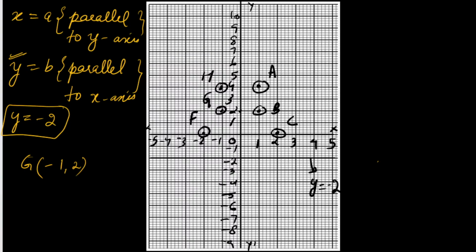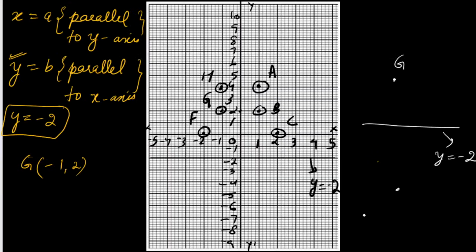Its reflection, if we are doing this through this line, now you just have to count. See, we have y is equals to 2 like this, y is equals to minus 2 like this. Here we have G point. On the upper side we have G point, so its reflected point we will have on the other side of the line.